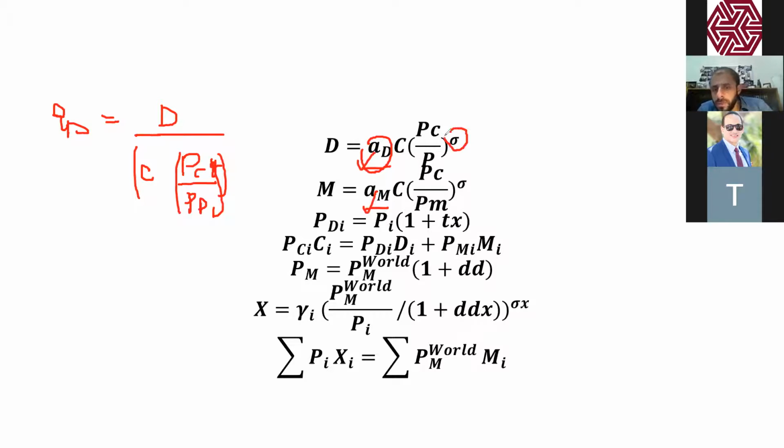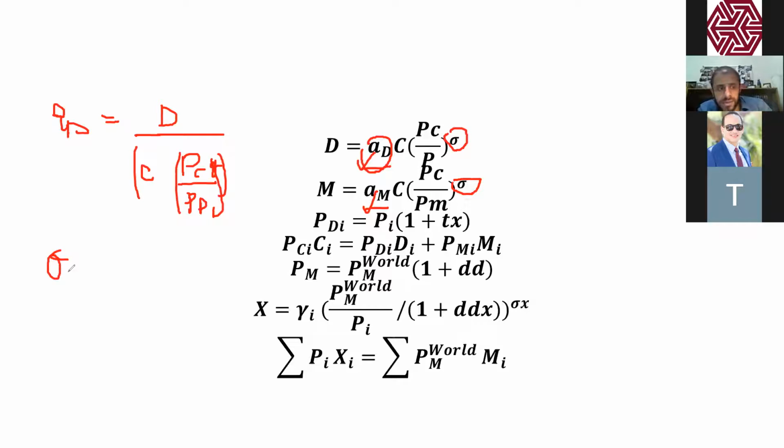The last and most important term is the elasticity that we have here, sigma. Sigma here represents the elasticity of substitution. Economically speaking, what does the elasticity of substitution mean? It means the rate of change of the demand for imports with respect to demand for domestic goods when their respective prices change.